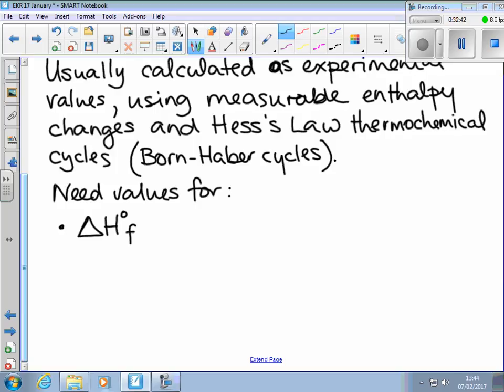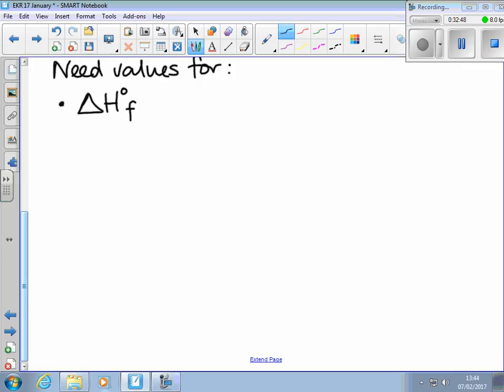So I've got to go through these different values. I don't need to define that one I've just put up there, the enthalpy of formation, because we've already got that one. For the other ones, enthalpy of atomization I'll start with, that's fine. But when we get onto ionization and electron affinity, they're not always given the enthalpy symbols.